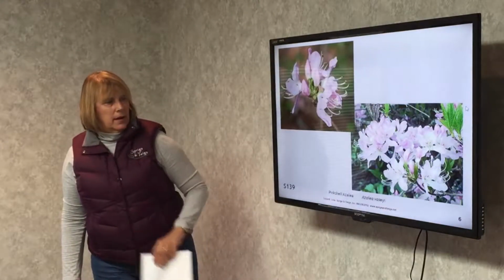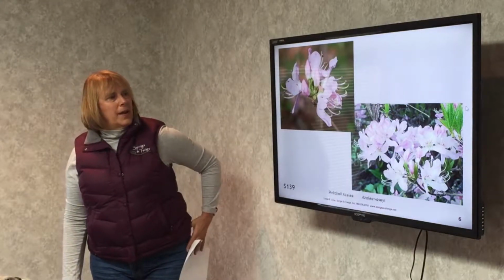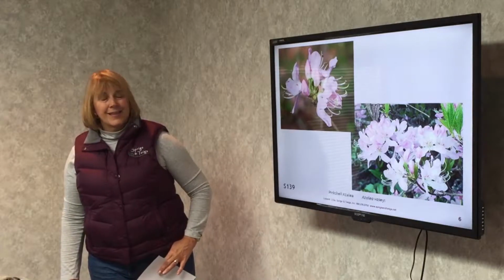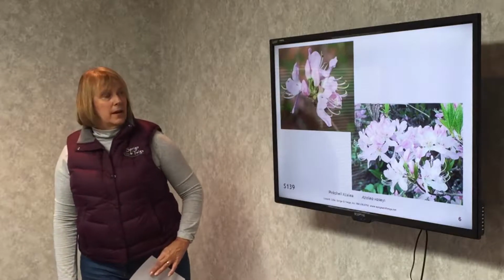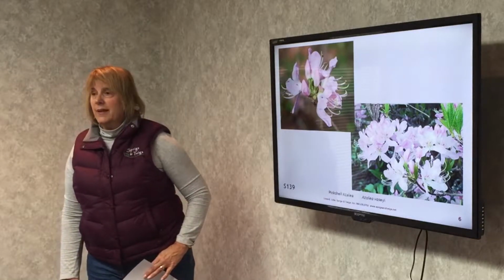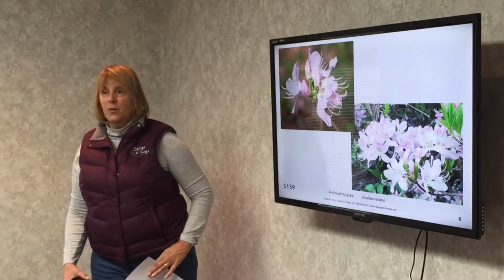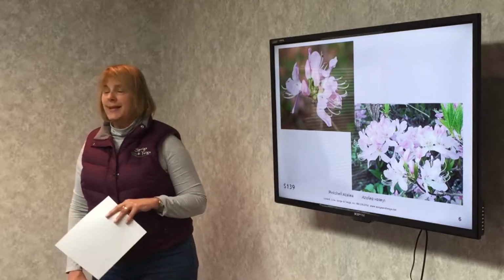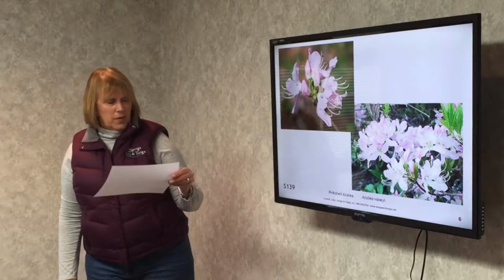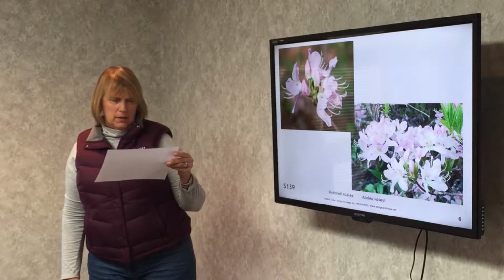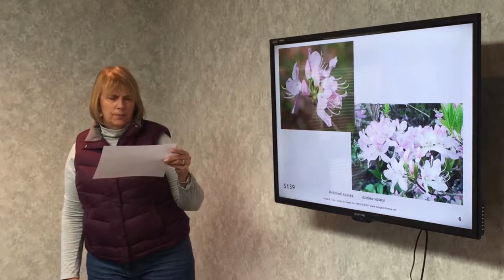Next one, Azalea vaseyi, or pinkshell azalea. This is a deciduous azalea, so it loses its leaves at the end of the season, and it has a very pretty fall color, anywhere from orange to purple to red. Very small, tiny leaves. This one blooms, let's see, pinkshell is late April.